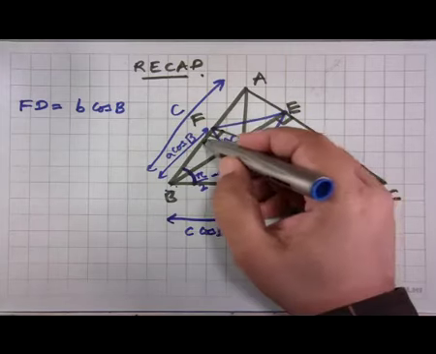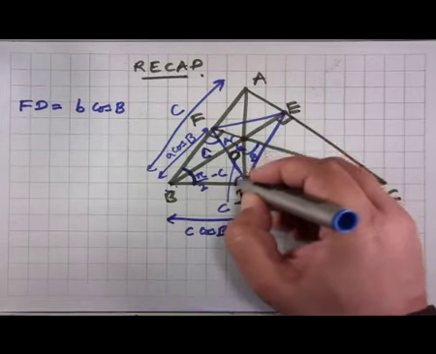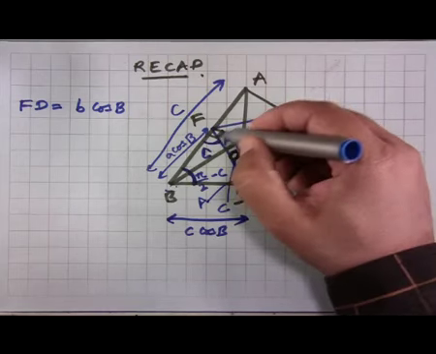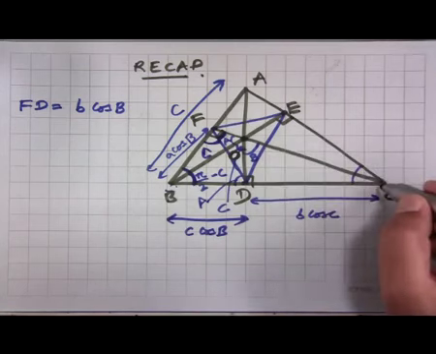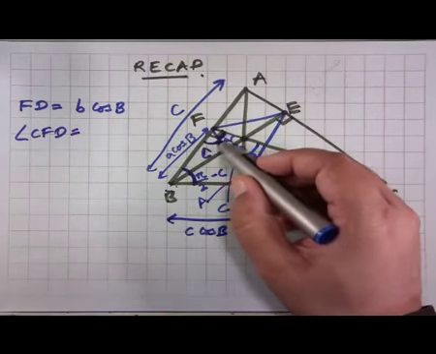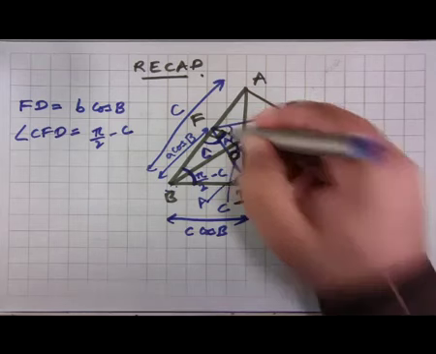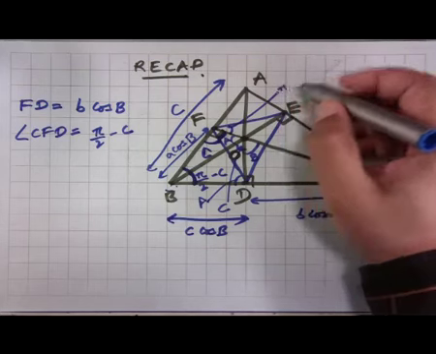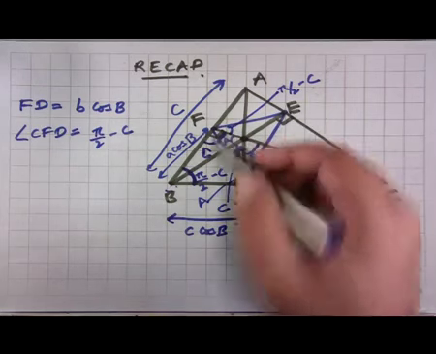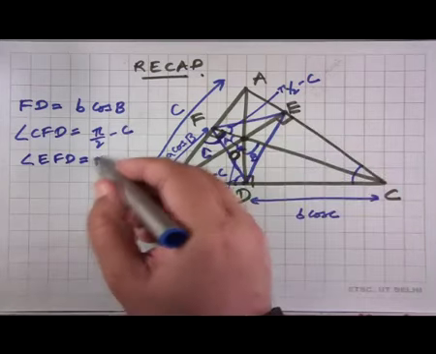And from there it is then clear that this angle has to be equal to C, and this angle is A. And because this angle is C, this angle, which is angle CFD, will be equal to 90 degrees minus C, so pi by 2 minus C. And similarly, one can also show that this other angle is also equal to pi by 2 minus C, and therefore this entire angle EFD of the petal triangle will be equal to pi by 2 minus C times 2, which is pi minus 2C.